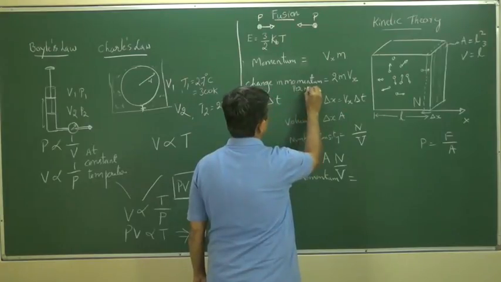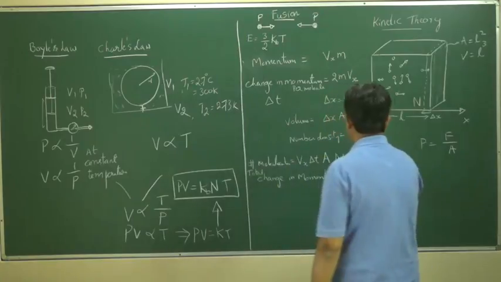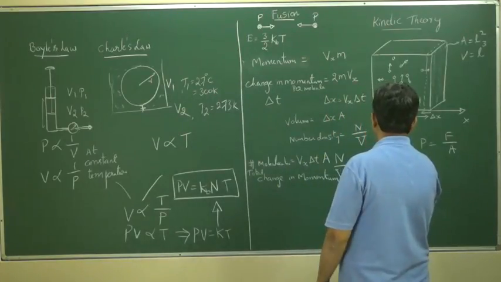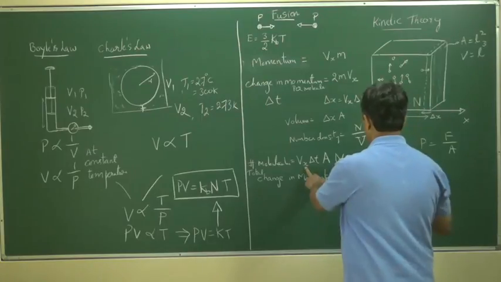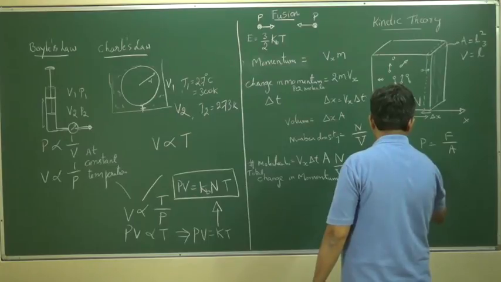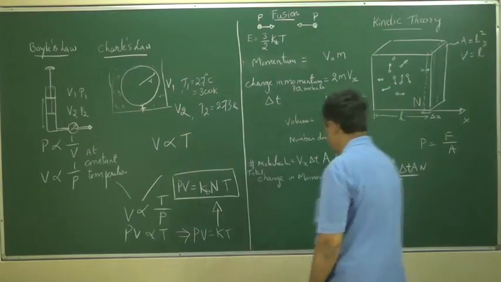This is per molecule. So I will write it as 2 into m into Vx squared, because one Vx is here, into delta t into A into N by V. This is volume.